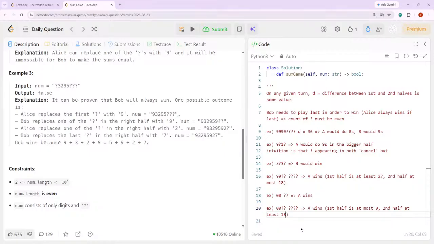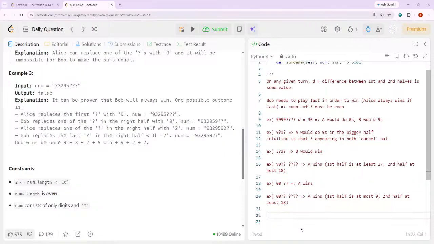Alice can put 2 9s in the second half question marks. Okay, so it's possible that the simplification is removing the question marks on both halves, but there has to be a way that Bob wins here, no?